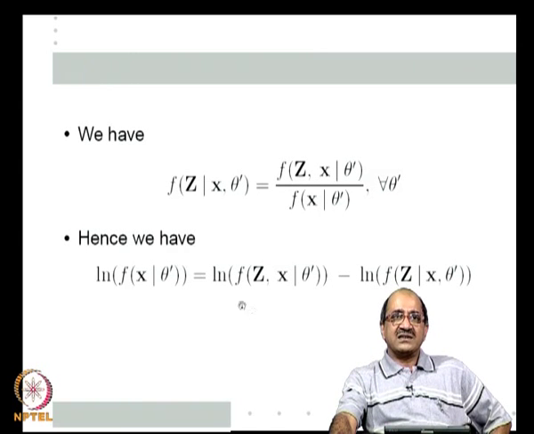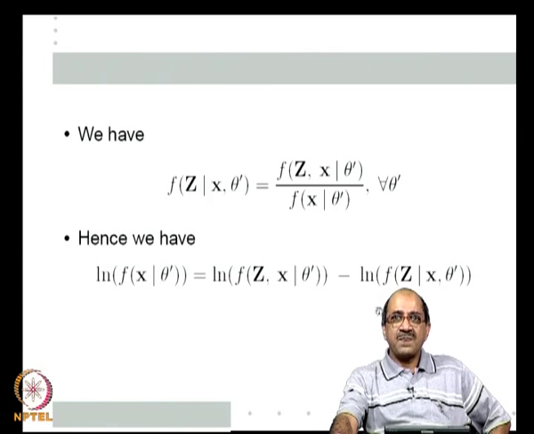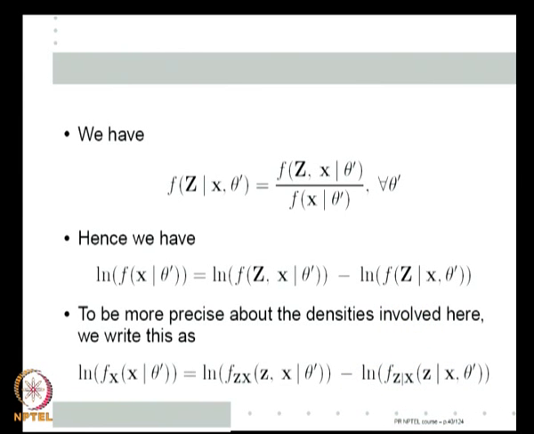As I said, so far we have been abusing notation: this f is the marginal density of x, this f is the joint density of z and x, this f is the conditional density of z given x. This is a little abuse of notation and it is always clear from context, but to get a more precise idea of these equations, let us write this a little more precisely.